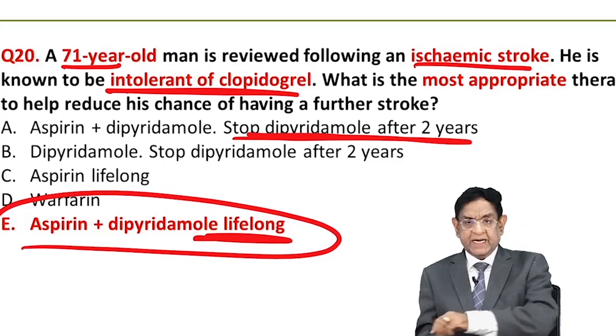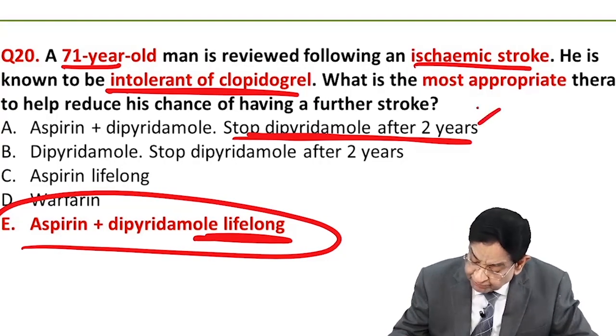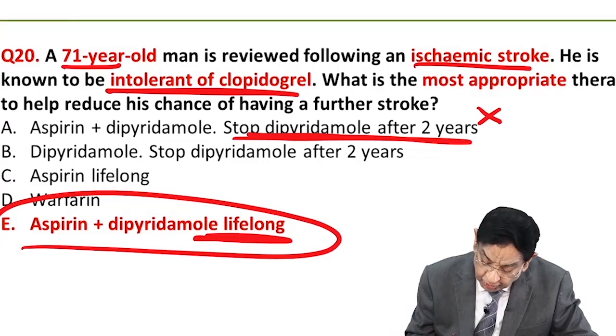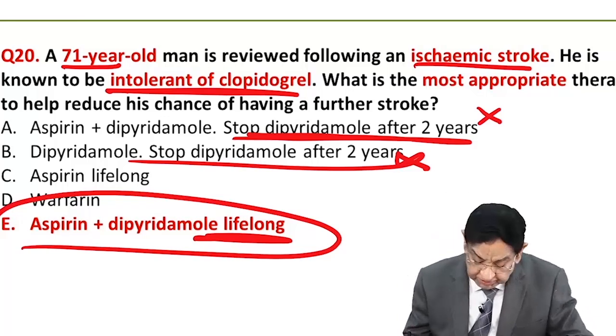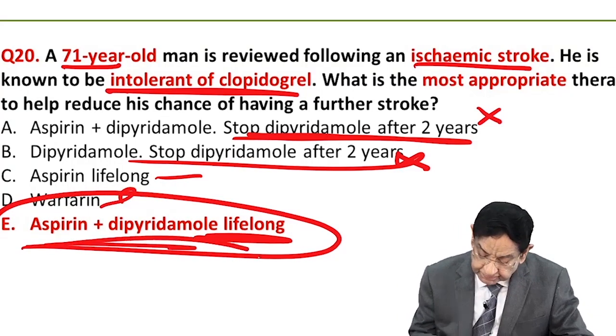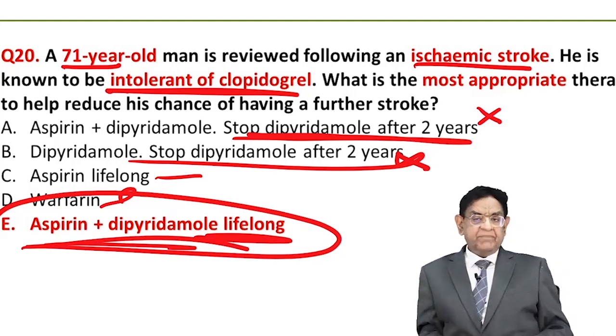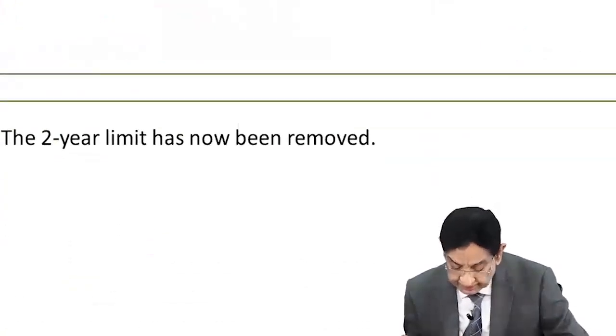So I don't think I need to discuss more; no need to stop for 2 years. Alone, no, we only give that when the patient cannot tolerate aspirin also. Aspirin lifelong is not the answer. Warfarin, no. Aspirin and dipyridamole are the lifelong answer.